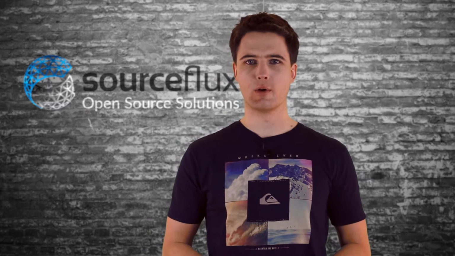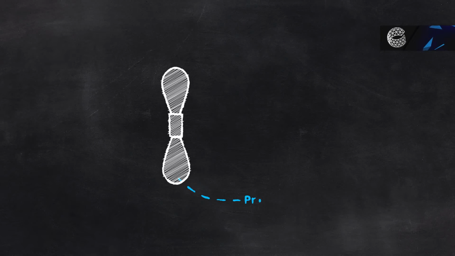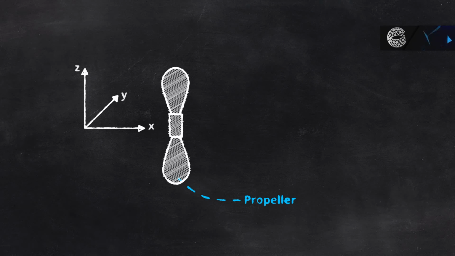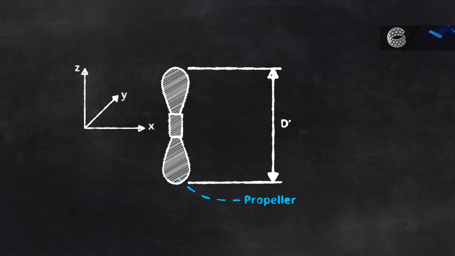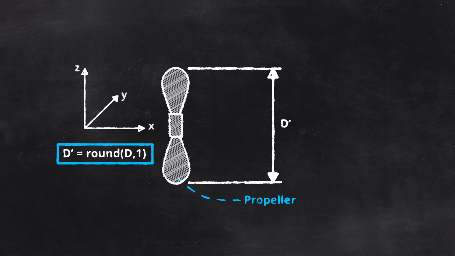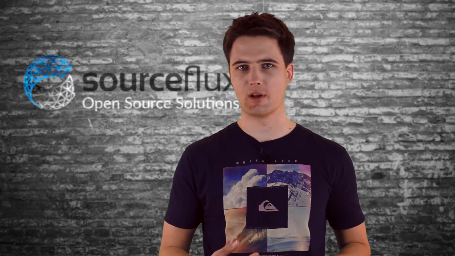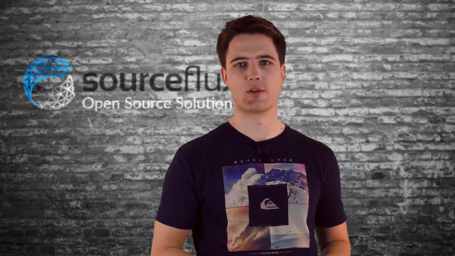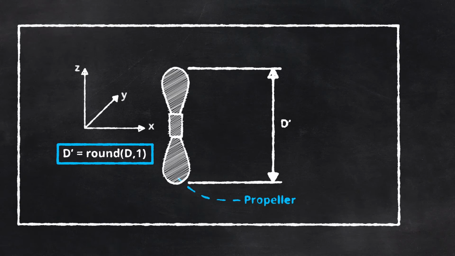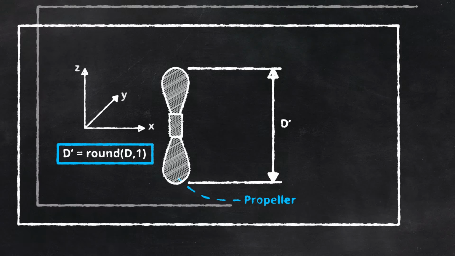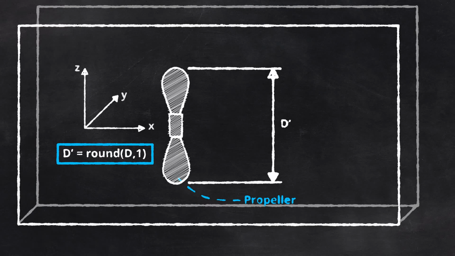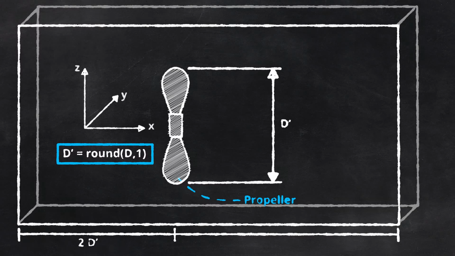So, how are we going to lay out the blockMesh? The propeller, with its origin being at 0, 0, 0, is going to be located in the origin of the blockMesh as well. The propeller's diameter is 0.2 meters, which is indicated by D'. D is the original unrounded diameter that we estimated from the output of surfaceCheck. The distance between the propeller's origin and the boundary with the lowest x value, which is called xMin, is going to be 2D'.